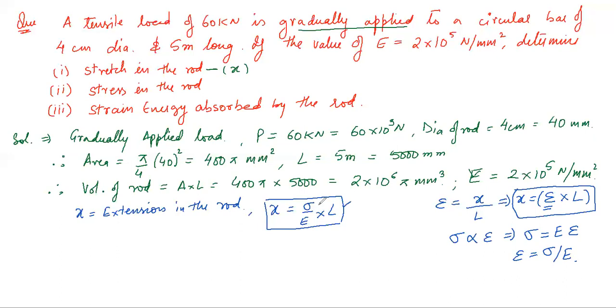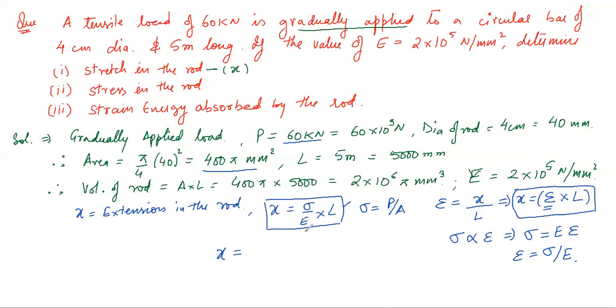Now here in this case, the value of L is given, E is given, and sigma is defined as load per unit area. Load is already given as 60 kilonewton, and area you have already calculated. So let's put all the values in one place.